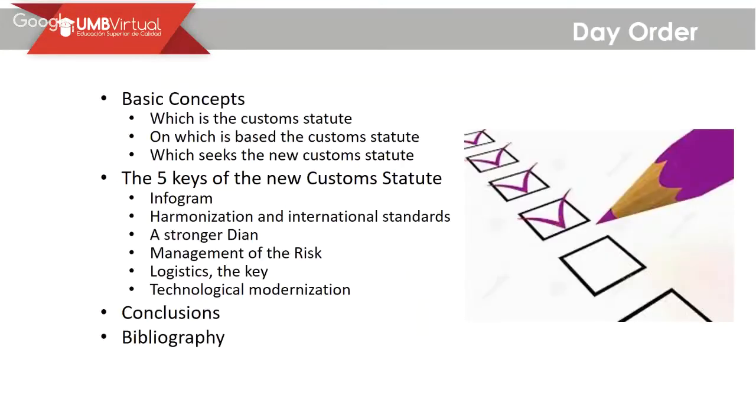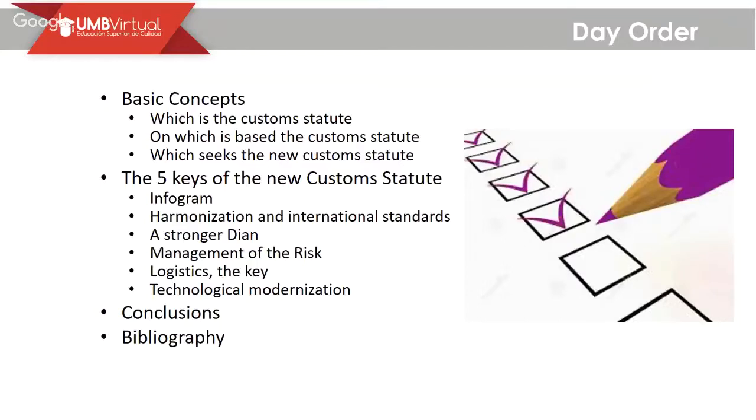So the agenda is basic concepts, which is the customs statute, on what it is based and what it seeks. Also, we are going to see the five keys of the new customs statute, in an infogram.